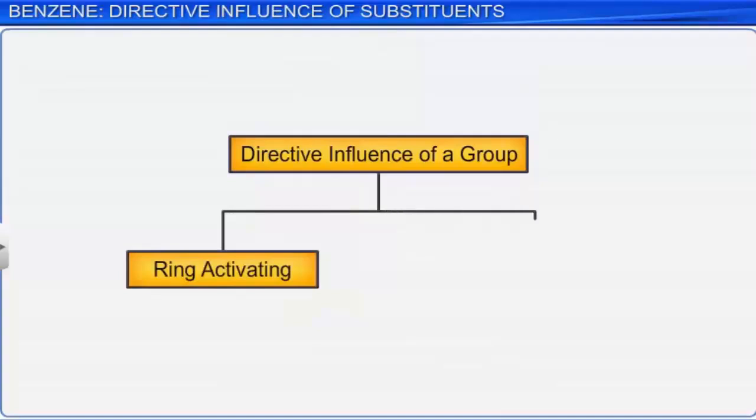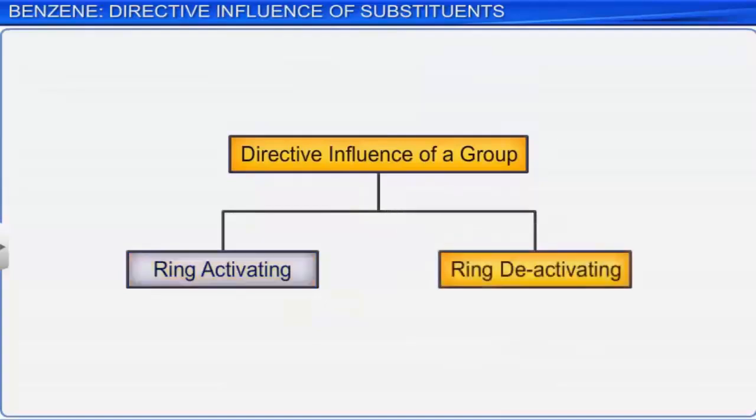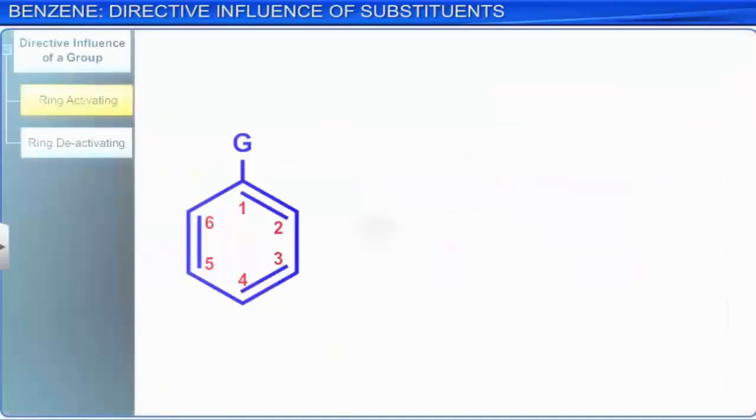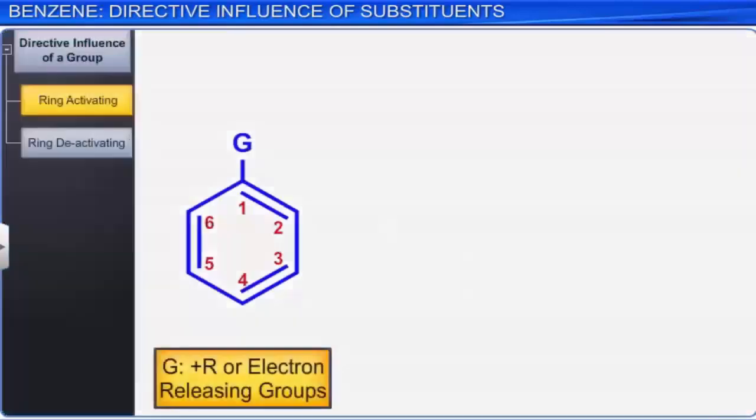Ring activating groups are plus R groups or electron-releasing groups which make the electron density relatively rich at ortho and para positions of the ring. Hence, these groups orient the new incoming electrophile to ortho and para positions.